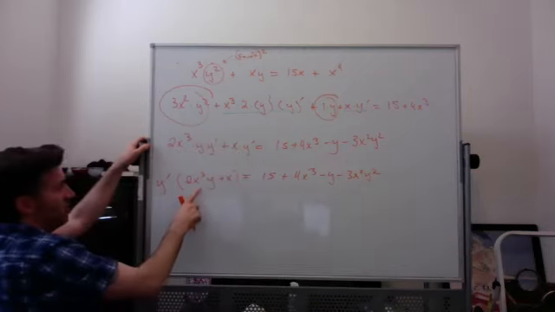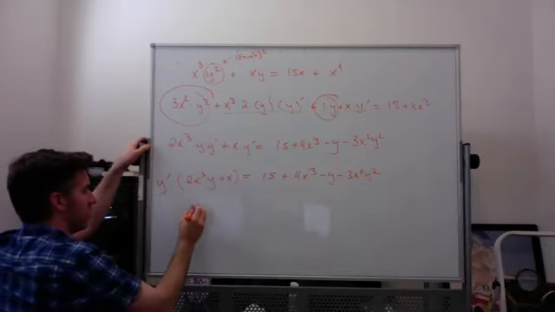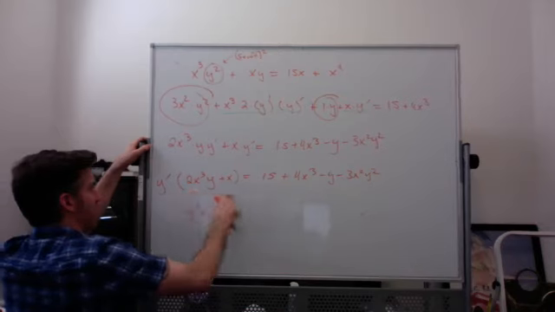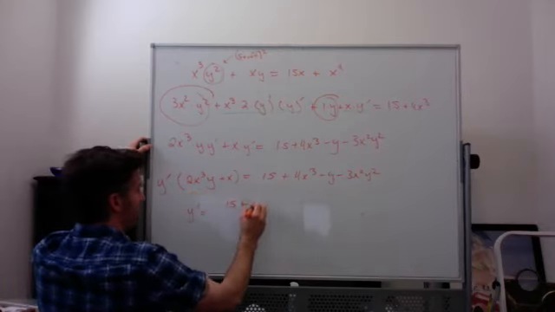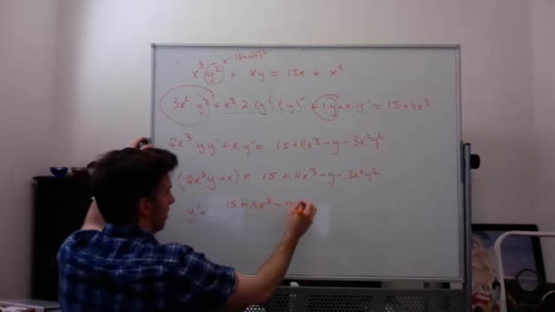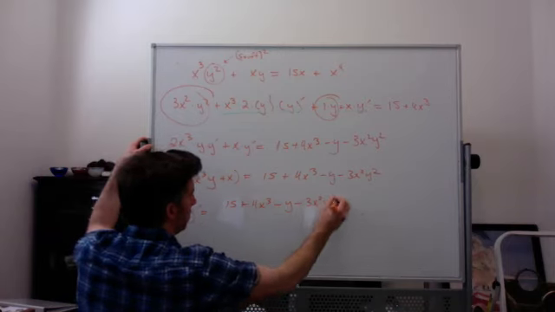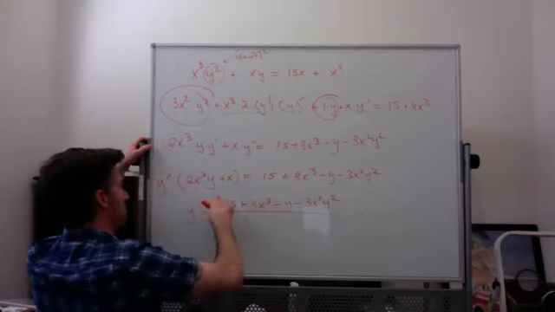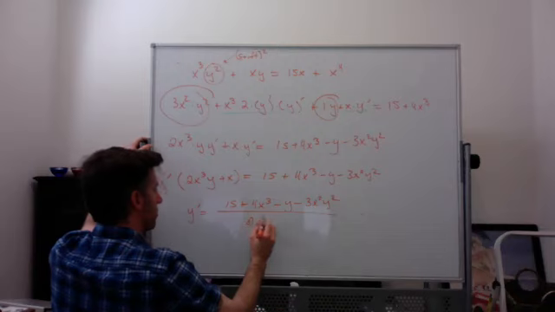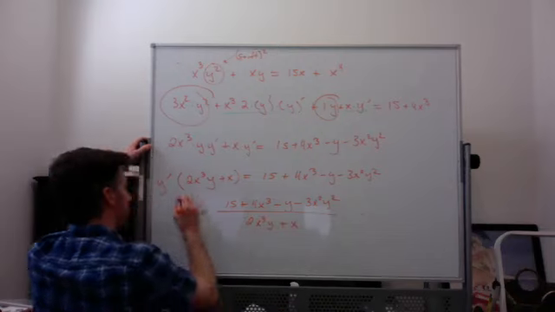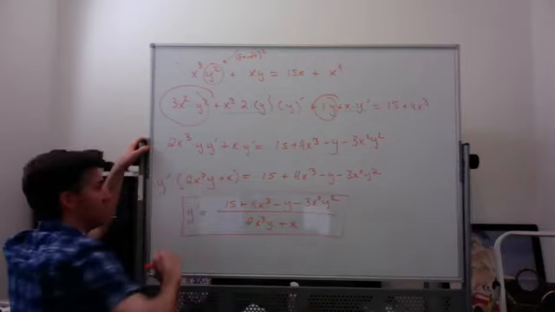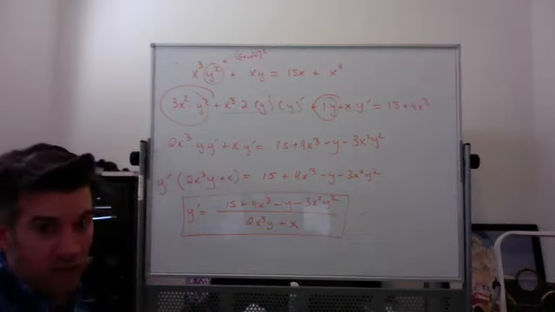And then finally, divide both sides by this, so y prime equals 15 plus 4x cubed minus y minus 3x squared y squared, divided by 2x cubed y plus x. That is the derivative of this equation at any point x, y.